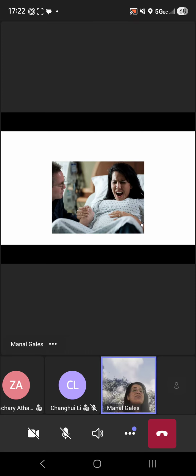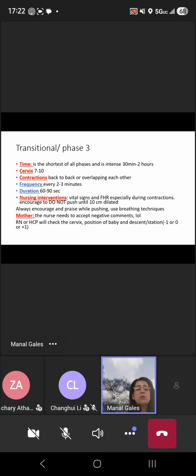Now, the last phase of stage 1. Look at her face. She starts the serious part of the labor. What is the name of phase 3 in stage 1, guys? Transitional. This is the most painful. She started the real labor. Contractions will be more often, every 2 to 3 minutes, and long.